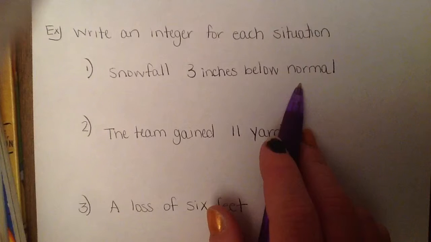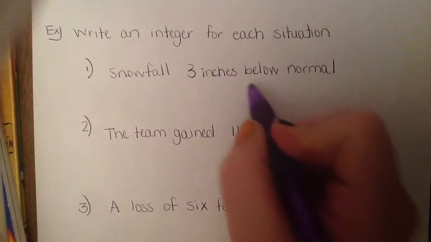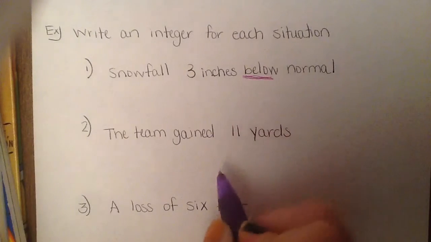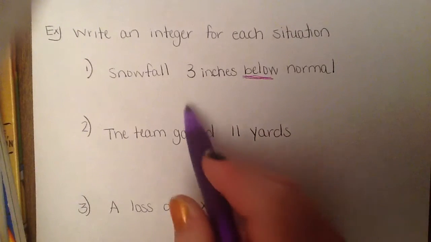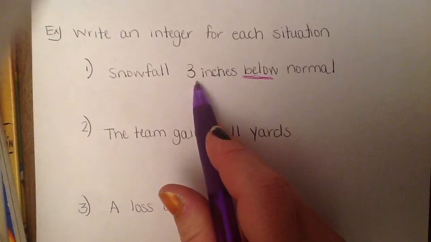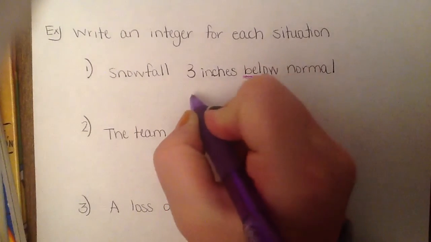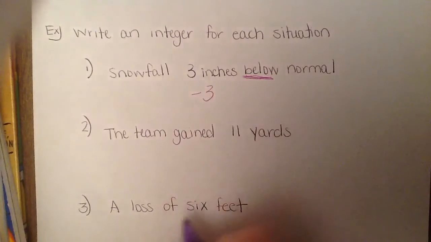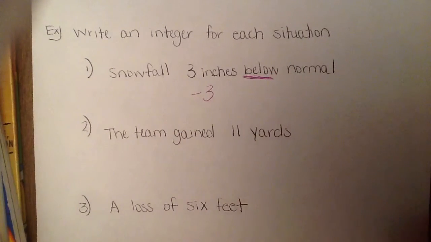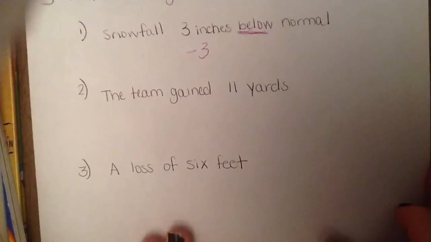What is the key word in here that tells us if this is going to be positive or negative? Right, the word below. Since that word is below, is this going to be a +3 or a -3? Exactly. The word below indicates that it will be a -3. How about number 2?